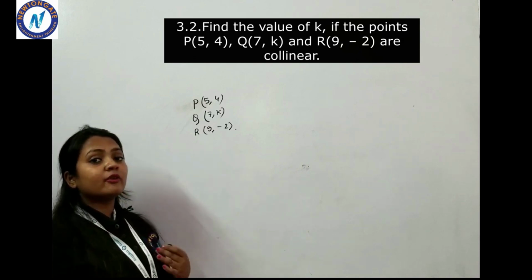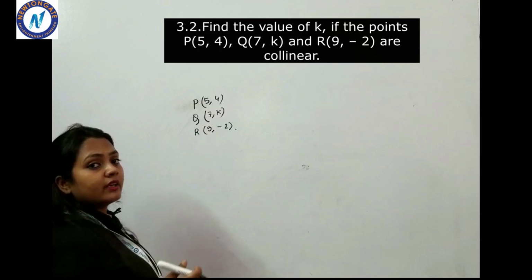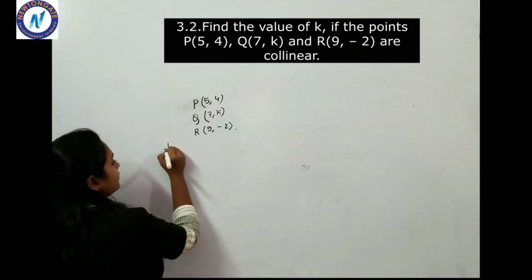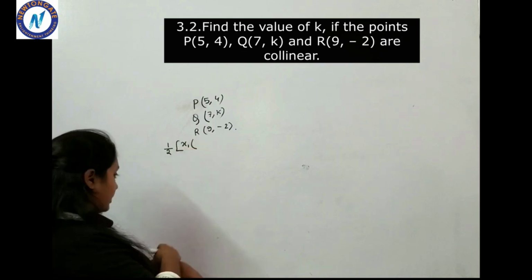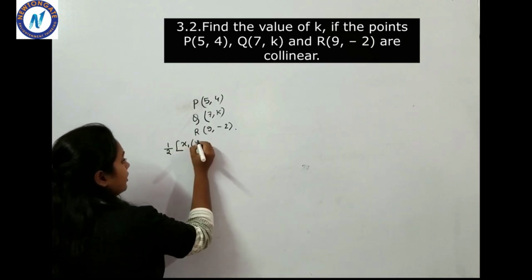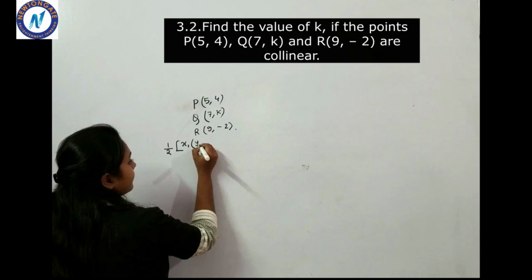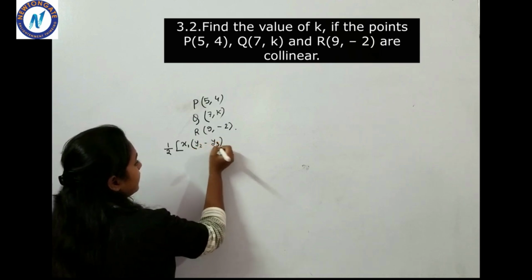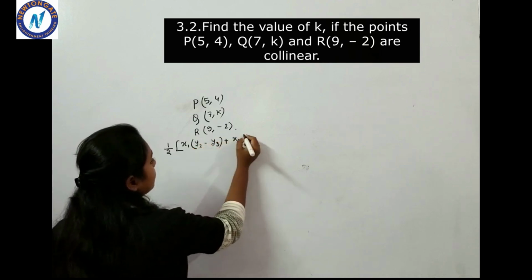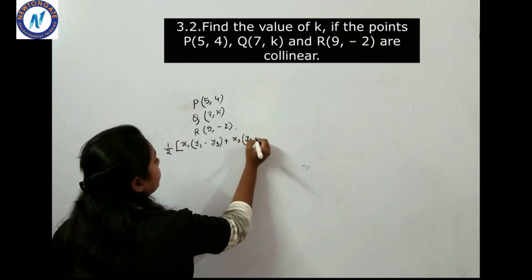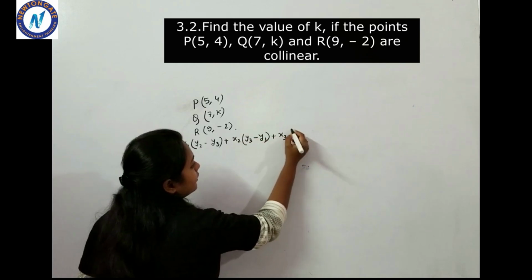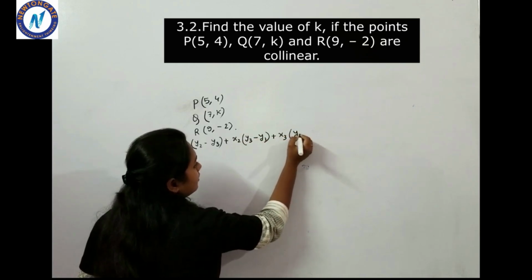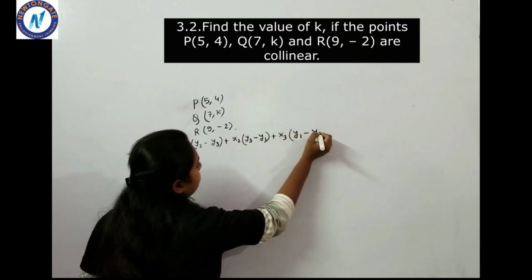Now what is the formula to find the area of the triangle? We know the formula is half into x1 whole multiplied with y2 minus y3 plus x2 into y3 minus y1 plus x3 into y1 minus y2.